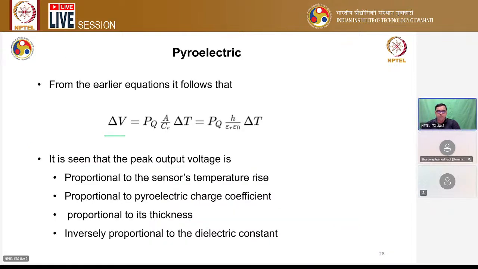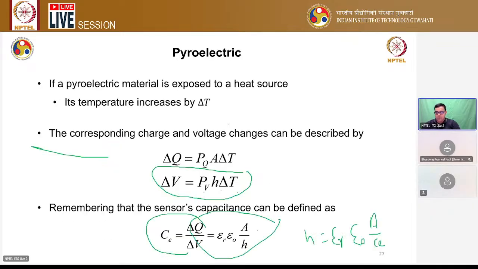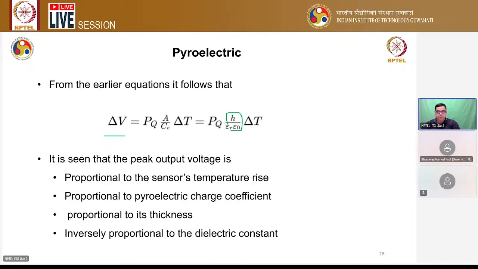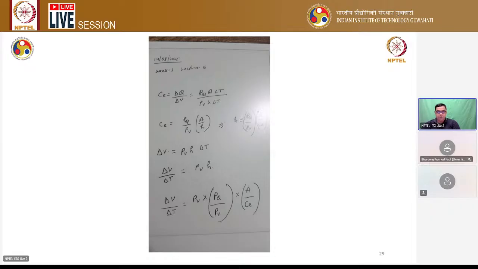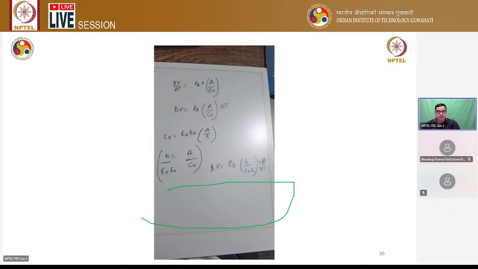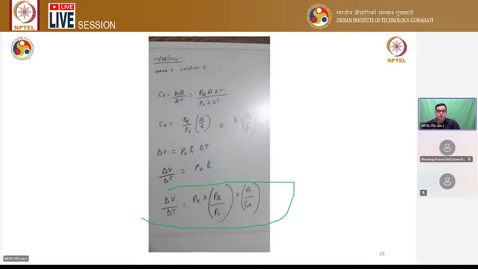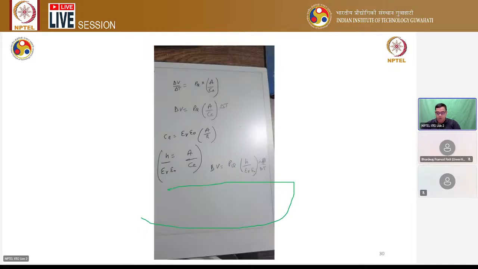And then we put this and we found that this is H by epsilon R into epsilon naught and not the other way around, right? Which was the older expression where I had written epsilon R epsilon naught by H. So if you derive it, you get this particular value. I have attached this here, and also it is corrected in the slide.